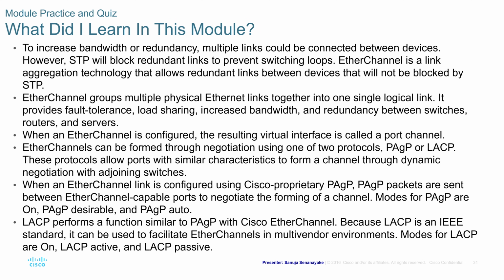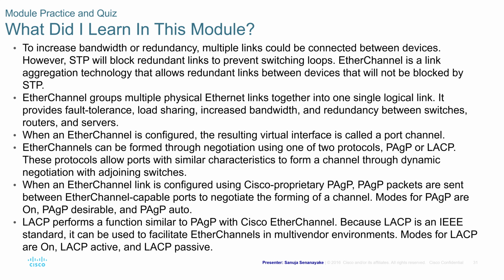So finally, let's look at a summary of what we have learned. We learned to increase bandwidth or redundancy, multiple links could be connected between devices. However, because of STP, spanning tree protocol, that will block redundant links, hence preventing switching loops.